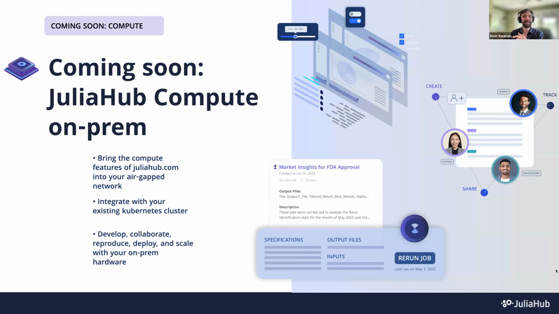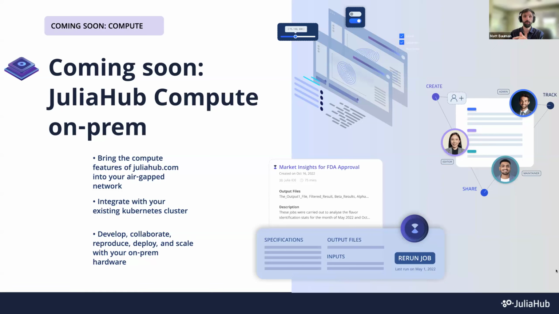So that way you can scale out, and then JuliaHub is able to take advantage of that, bringing the complete feature set of what you see at JuliaHub.com into your air-gapped network, with support for the development environments and the project collaboration tools and job reproducibility, all of that at your fingertips within your air-gapped network.